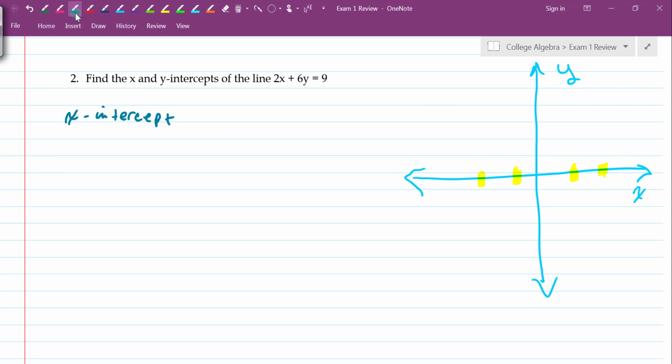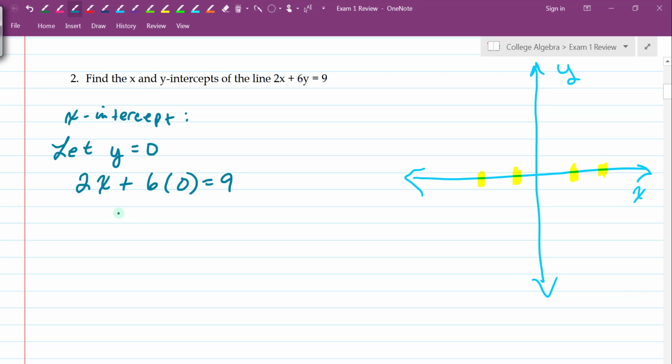So if y equals 0, that's exactly what we're going to have to plug in for our equation to find out what our x value would equal when y is equal to 0, meaning that we are on the x-axis. So let y equal 0. So we have 2x plus 6 times 0 is equal to 9.